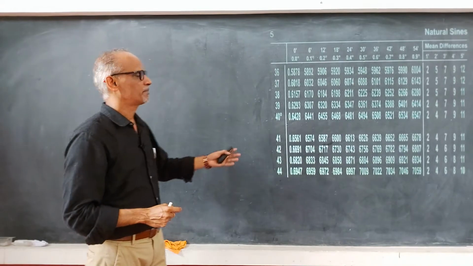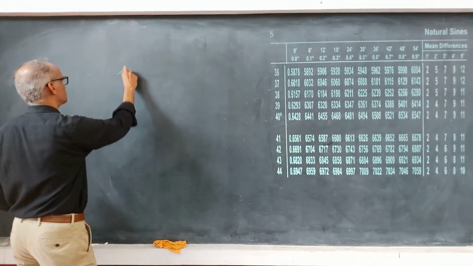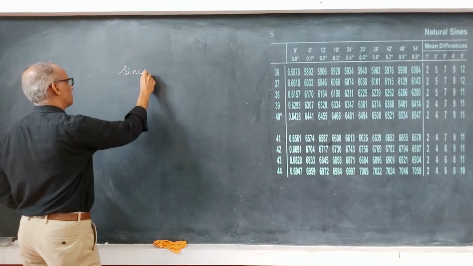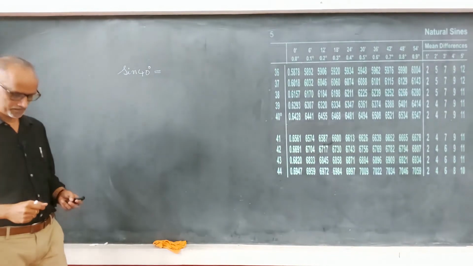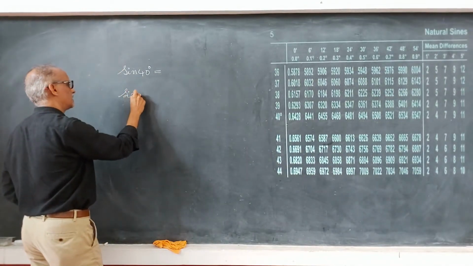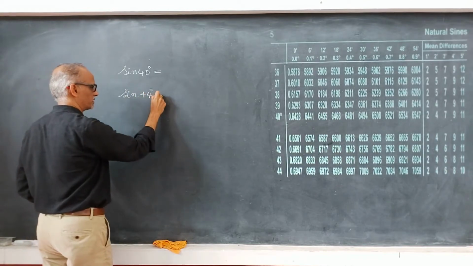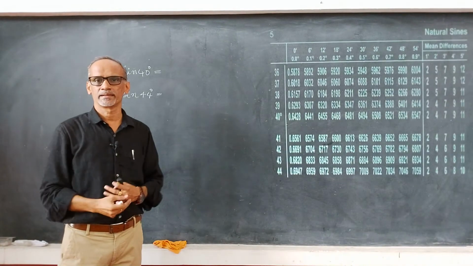So let me take one table randomly. I want to find sine 40 degree. What is the value of sine 40 degree? What is the value of sine 44 degree? So you can refer to that table and you will get that.